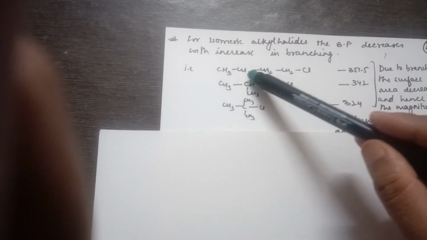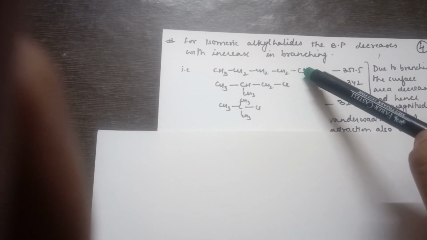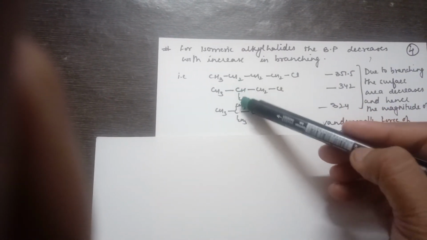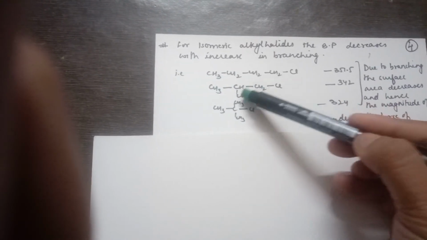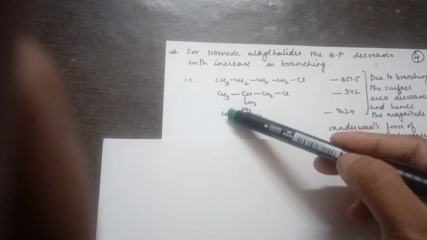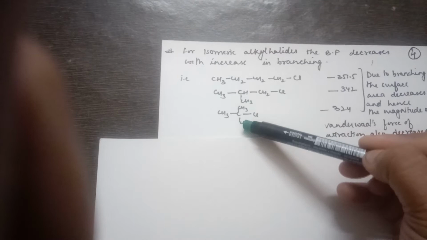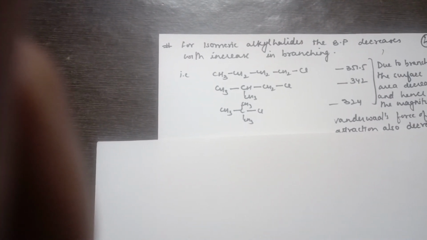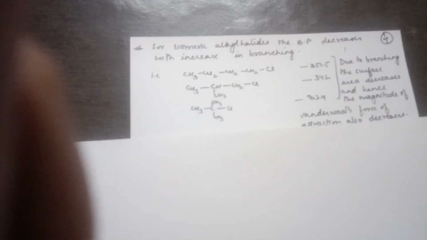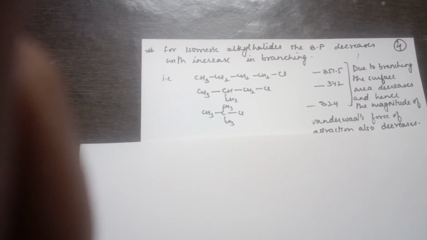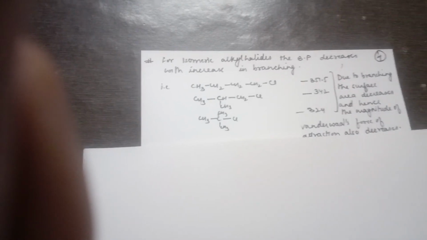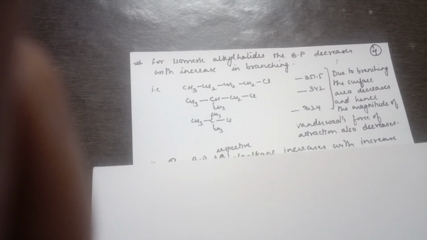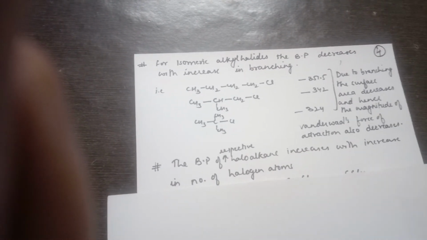Because in the straight chain the surface area is more, and as branching takes place, the surface area decreases. Here the molecule is becoming almost spherical, so the area of contact will be less between the molecules, and the van der Waals force of attraction will also decrease with increase in branching, and so will your boiling point. So with the increase in branching, the boiling point is getting decreased.